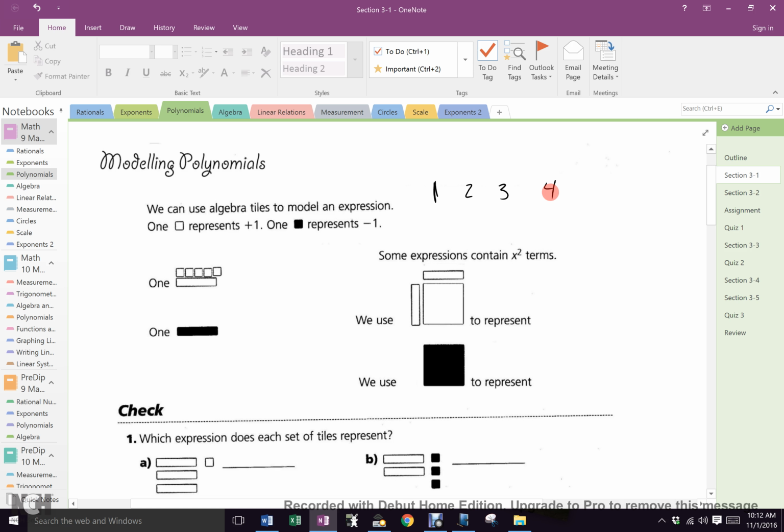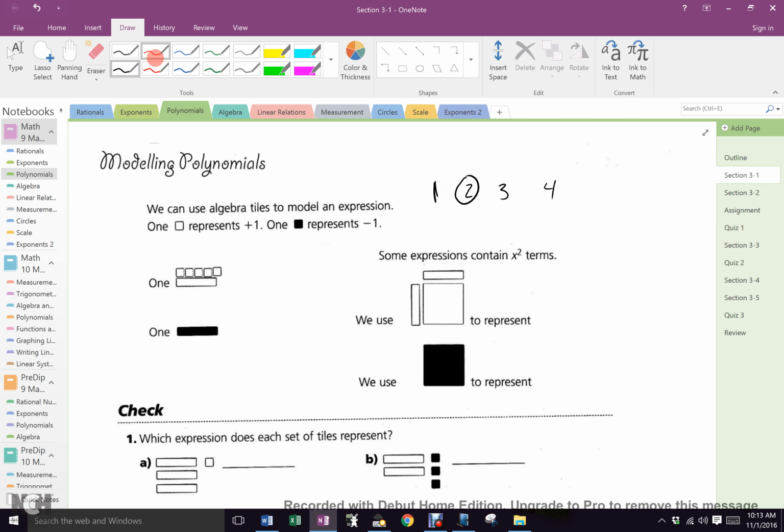Right. So if I asked you to draw me a picture of this many apples, what would you draw? You would draw 2 little apples, wouldn't you? Yeah. Everyone agree? Yes.